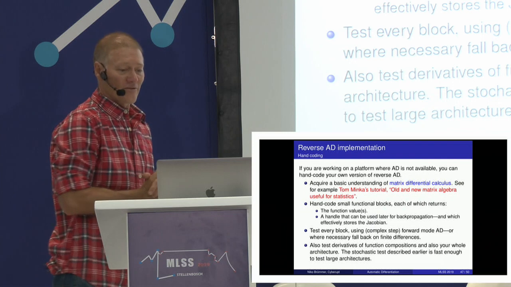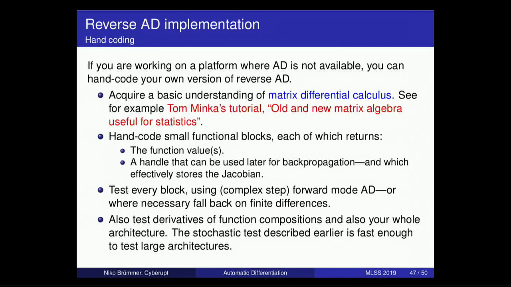So then it's important to test every block using typically complex step forward mode automatic differentiation. And if the complex step fails for some reason, you can always fall back on finite differences.